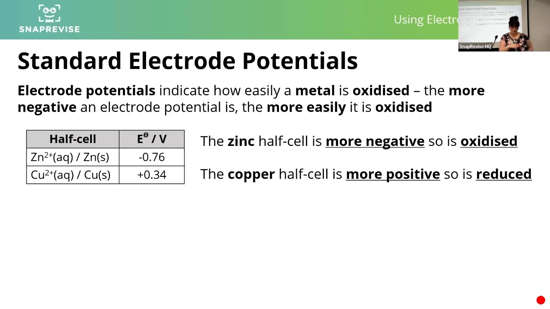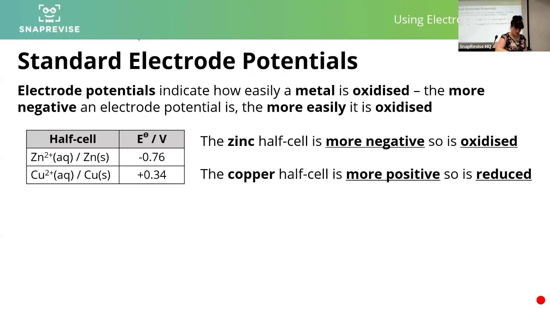So for example, when we've got zinc and copper, the zinc half cell has a reduction potential of minus 0.76. So again, if I think about it as a reduction potential, it's minus 0.76. That tells me it doesn't want to be reduced, or it's unlikely to be reduced. The reduction potential of the copper half cell, so copper gaining 2 electrons in reduction to form copper solid, is positive 0.34.